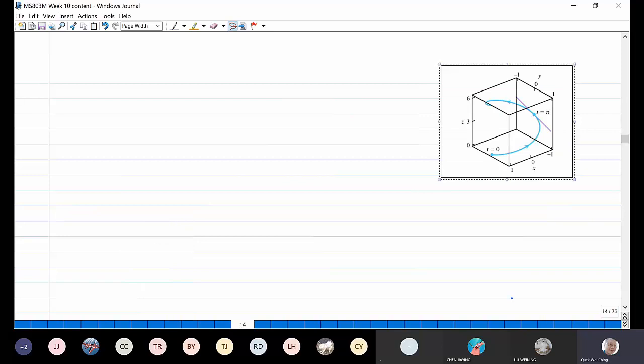So how do you look at this graph? Where is the x-axis here? You can see that this is telling you that x equals 0 is here.